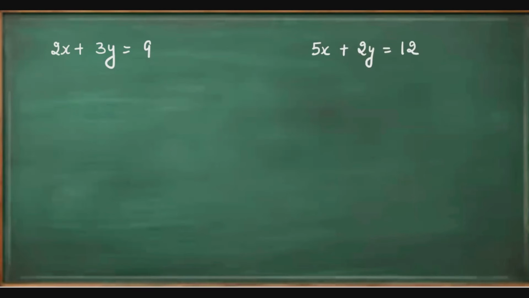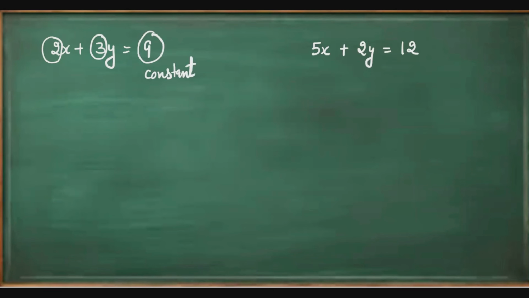So let's take the equation 2x plus 3y is equals to 9. Now here in this equation you can see the coefficient of x is 2 and the coefficient of y is 3 and the constant value is 9.